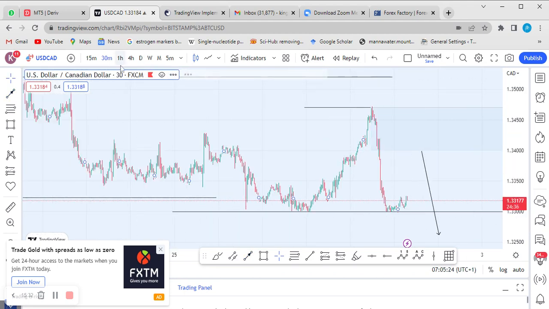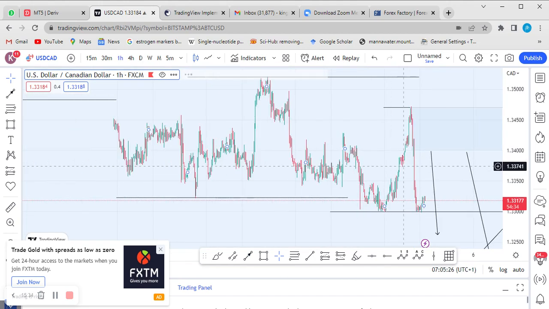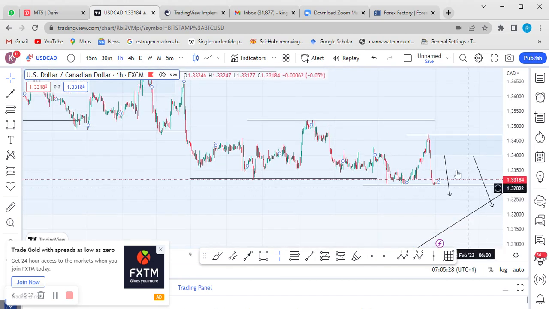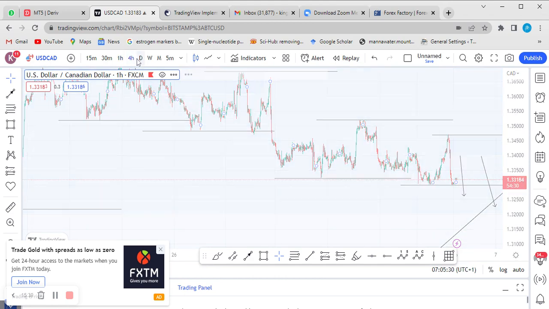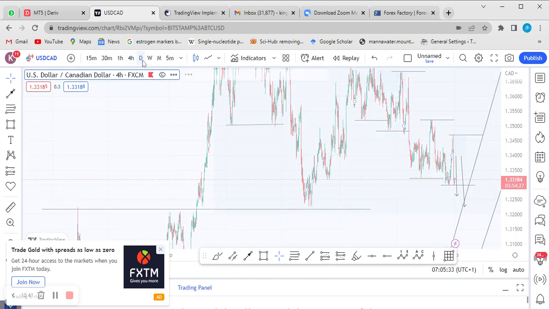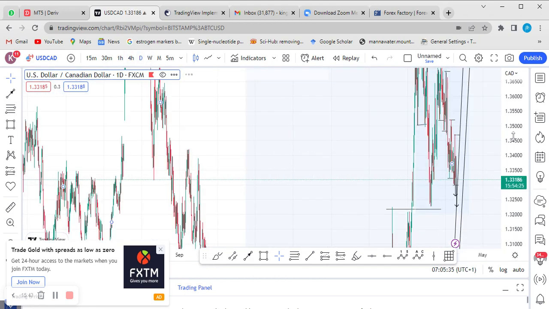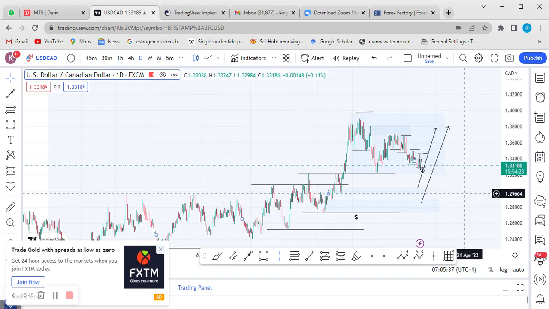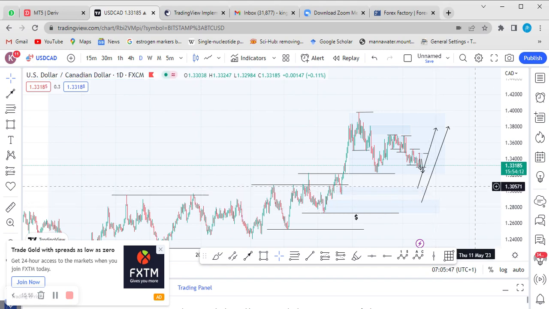So you just have to be patient until price enters that zone before you short USD CAD, and you keep trading the downtrend. Don't forget the bigger structure. You understand what is going on in the bigger structure. Then you know, okay, we have price pulling into this zone. So we can take our first profit at this point, and if price should also get to this zone, take profit.